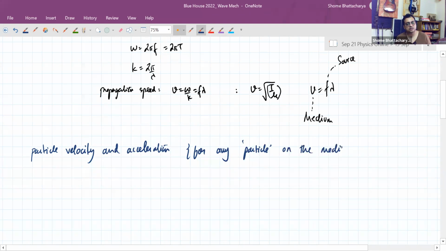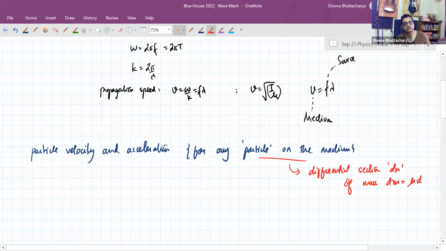That is, in this case, this particle on the medium will basically become a differential section dx of mass dm equal to mu dx on the string.